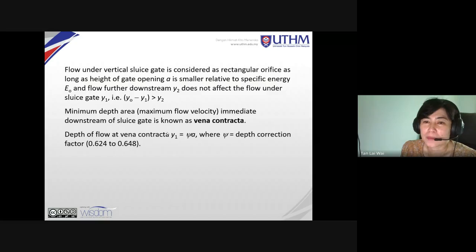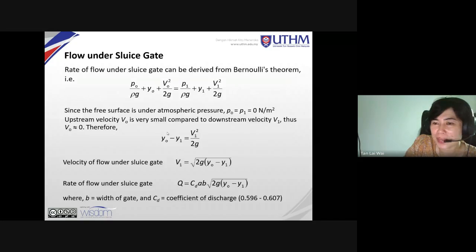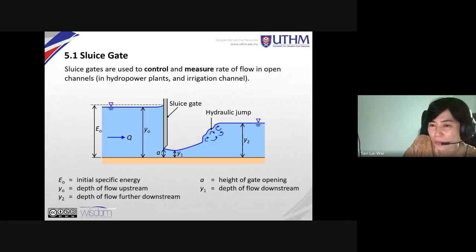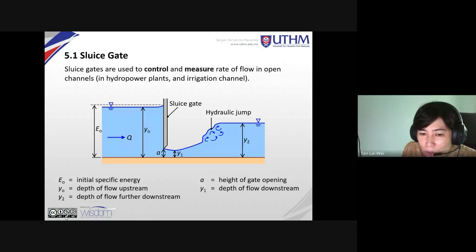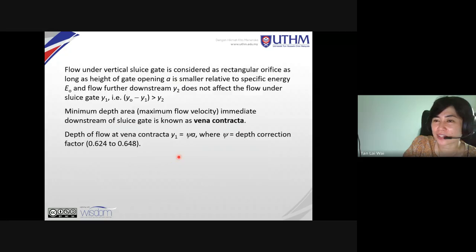Now, the minimum depth area here is Y1. If you look at this, this is your Y1. This is also known as the vena contracta. The vena contracta is the location where you have the smallest depth and highest velocity, so it is termed vena contracta.